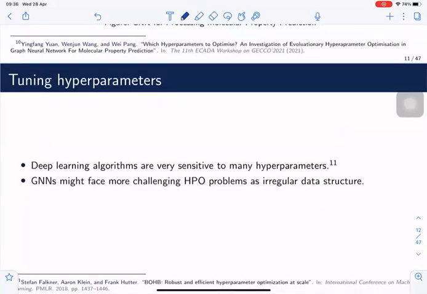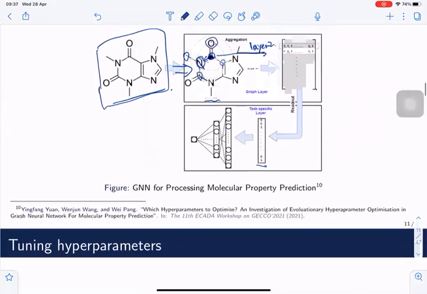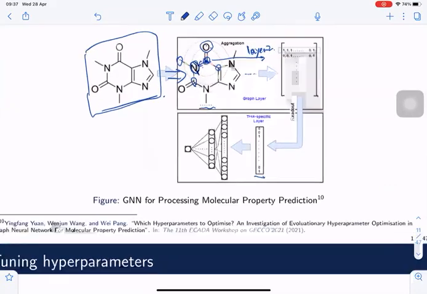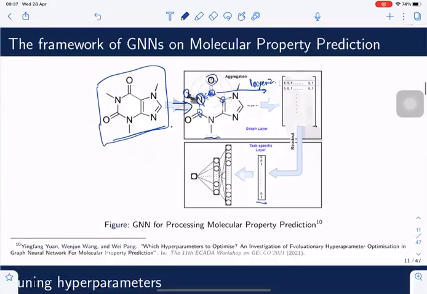But you might note there are quite a lot of hyperparameters in this framework, like how many graph layers, how many learnable parameters you use in the graph layers, how many fully connected layers, what the activation function for those layers is, and also the size of those layers.